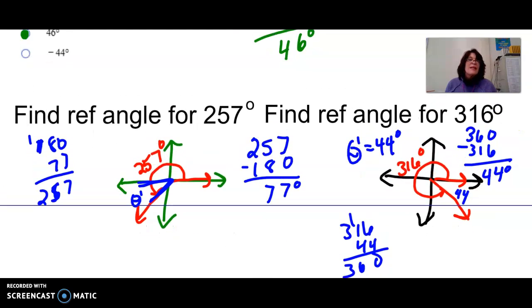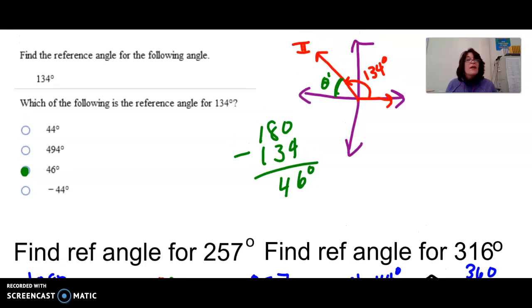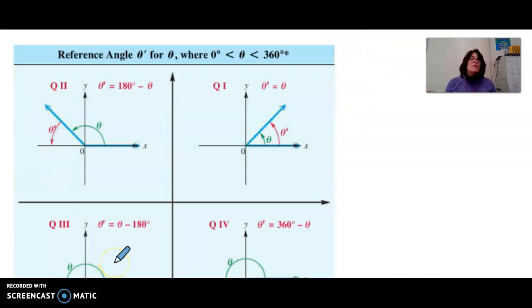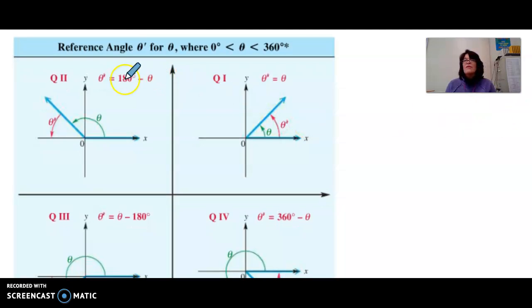So that's why, like I said, I draw it and it reminds me what to do. I don't memorize, okay, in the third quadrant, I take the angle minus 180. I have to draw it, then it reminds me, oh yeah, I need this little bit. Understand what you're doing when you find the reference angle and you won't have to memorize. Here's a nice little chart to help you. When I'm in the second quadrant, I take 180 minus theta.